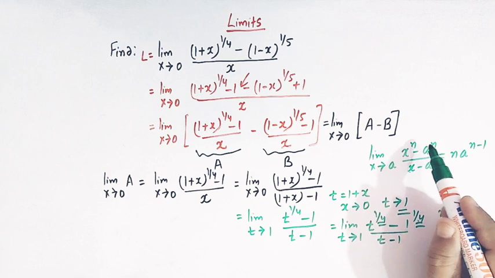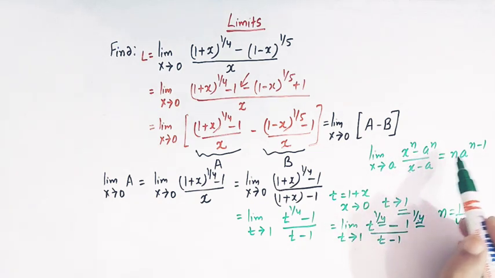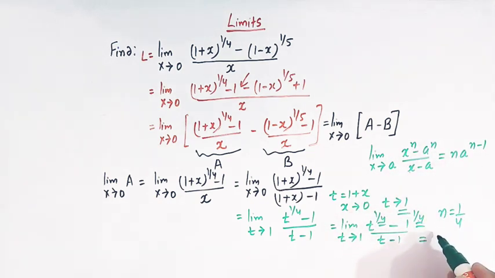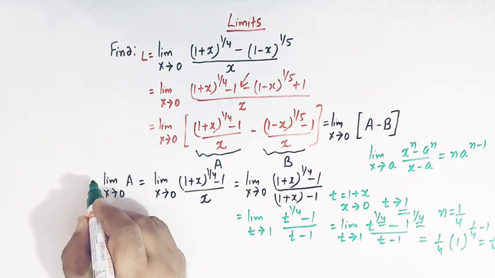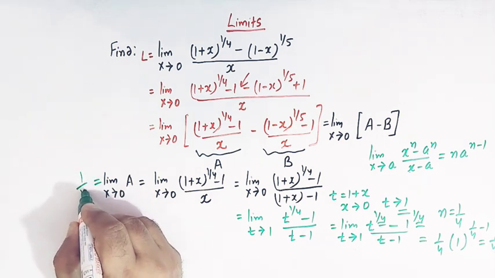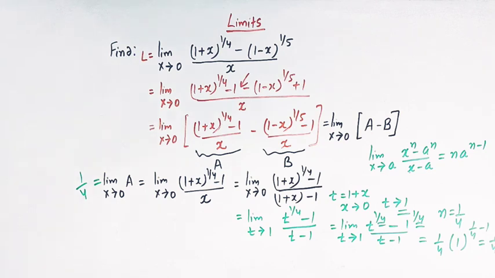So the value of this limit is n times a raised to n minus 1, where n is 1 over 4 and a is 1. 1 raised to 1 over 4 minus 1 is simply 1, so we have 1 over 4 times 1, that is 1 over 4. So this limit is equal to 1 over 4.